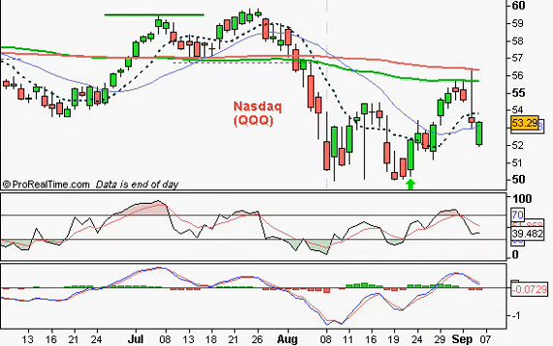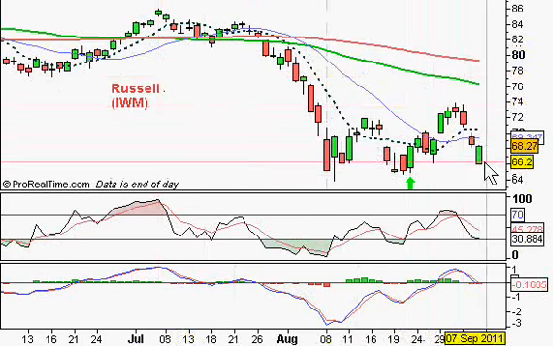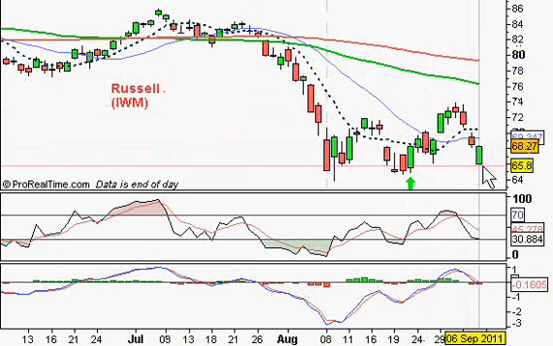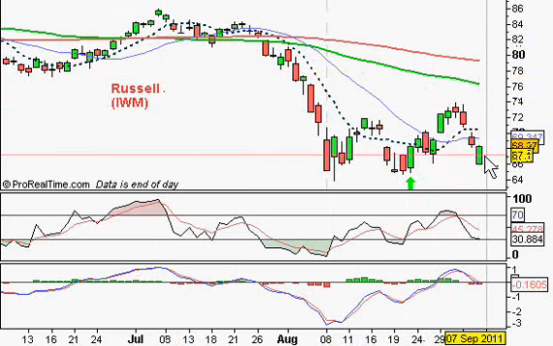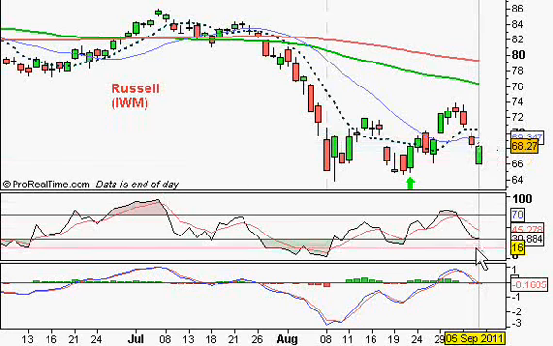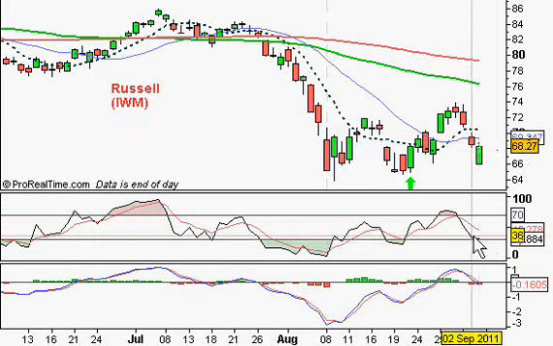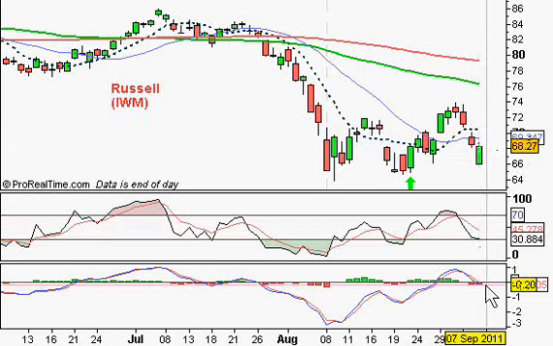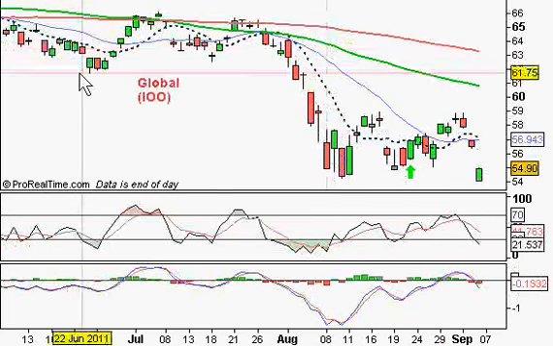Let's look at the small caps. Small caps also gapped down and climbed up in price action, but did not recapture the 18-day moving average. We are almost in the oversold area and under the zero line on the MACD. And then now let's look at the global markets.